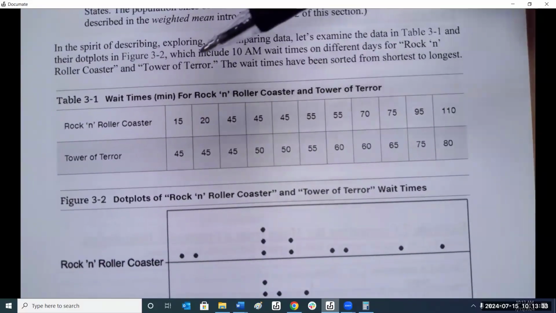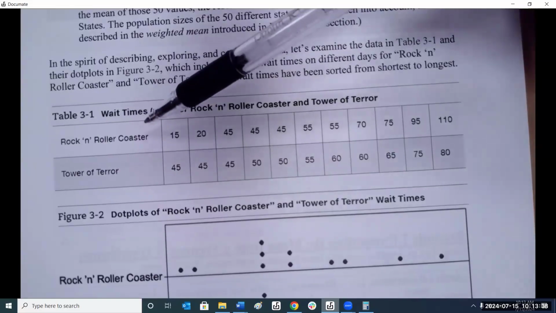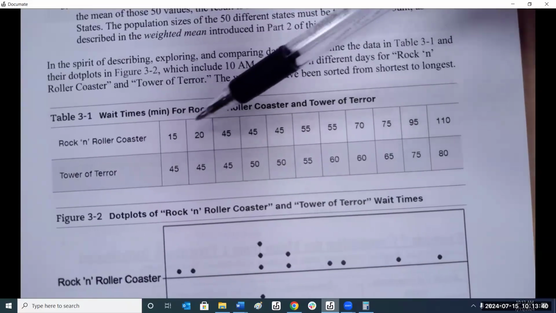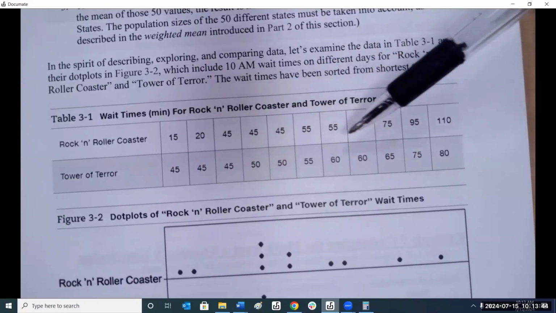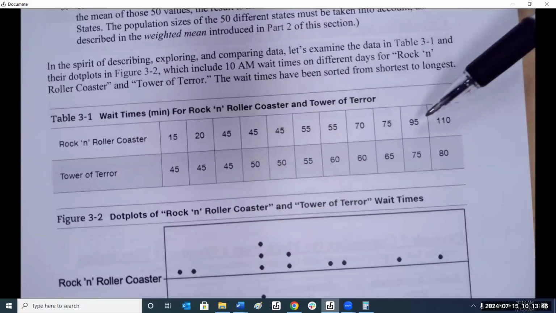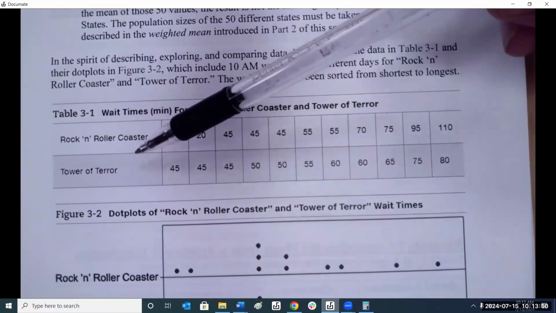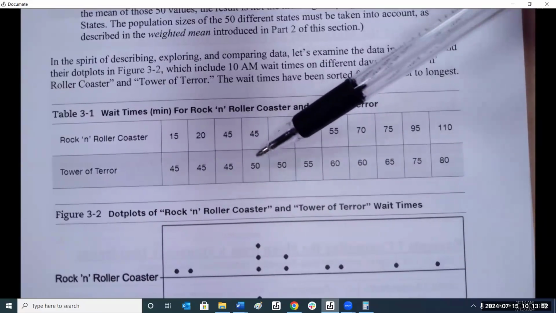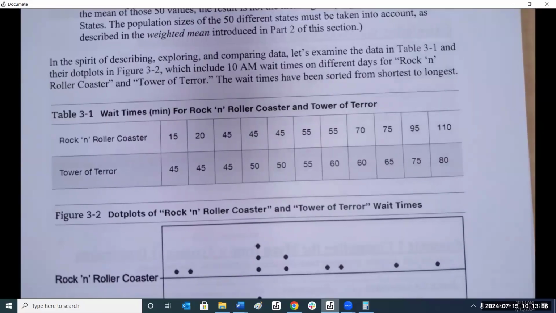And then we see the wait times of the Rock 'n' Roller Coaster and the Tower of Terror. The Rock 'n' Roller Coaster is 15 minutes, 20 minutes, 45, 45, 45, 55, 55, 70, 75, 95, and 110. Wow. The Tower of Terror, 45, 45, 45, 50, 50, 55, 60, 60, 65, 75, 80.